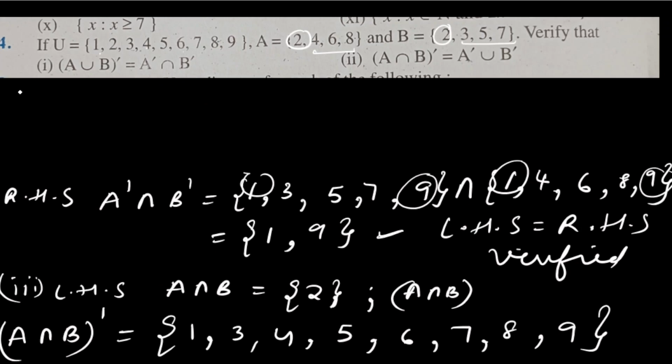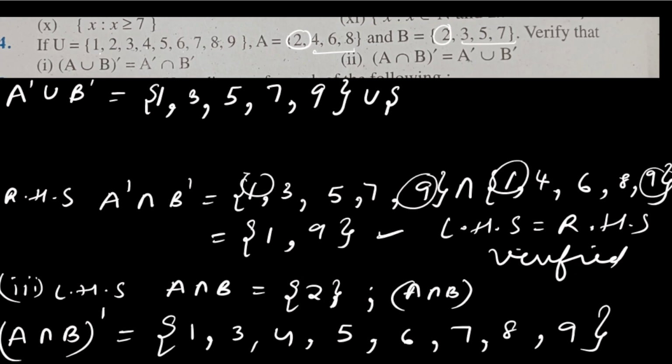The right hand side is A complement union B complement. A complement and B complement I found in the previous part also, so I'll just write from there itself. A complement is 1, 3, 5, 7, 9. Then I have to take its union with B complement, which is 1, 4, 6, 8, 9.